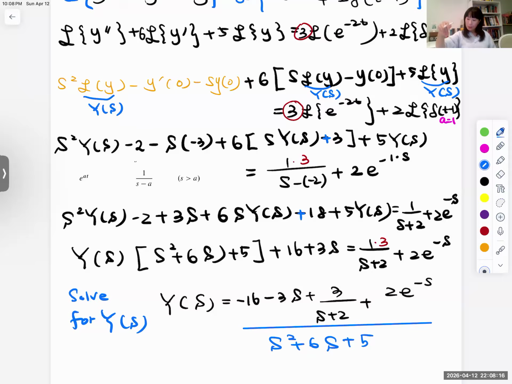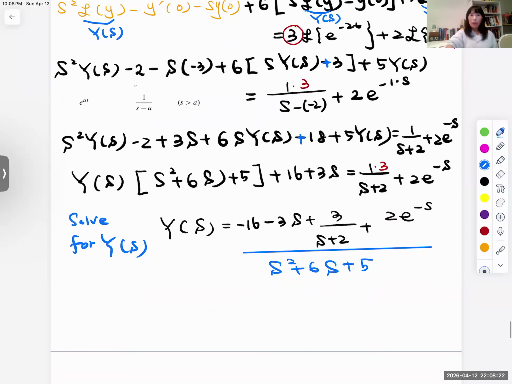We noticed that this is the same as we factored earlier, s plus 1, s plus 5. So I want to arrange it this way.